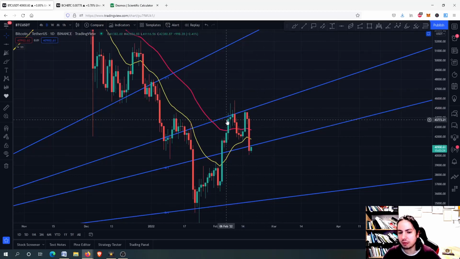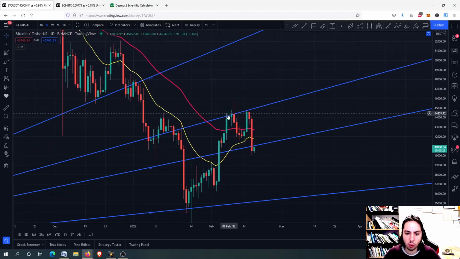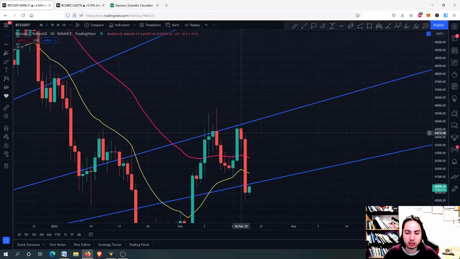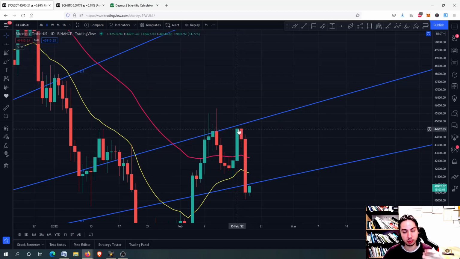So we found resistance a second time. This was an indication that we're probably going to see something not good, especially if the second day was a bearish day. You can see that here we had a red day. We were supposed to have a bullish day so we could break out, but we had a red day.